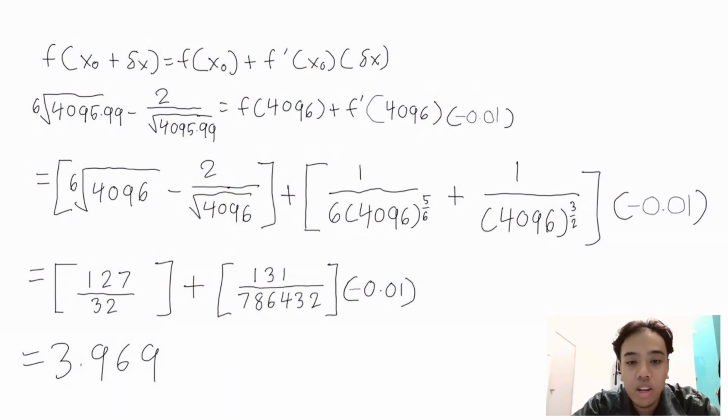You just substitute the initial value, which is 4096, into the equation, and we get the whole equation here. And the estimate value from this equation is, for the first one, 127 over 32 plus 131 over 7,432, multiplied by negative 0.01. So for the final answer, we get 3.969 and change it to 3 decimal places.